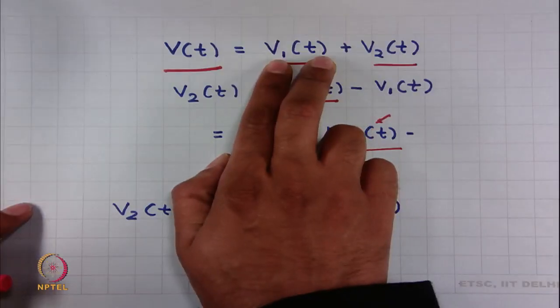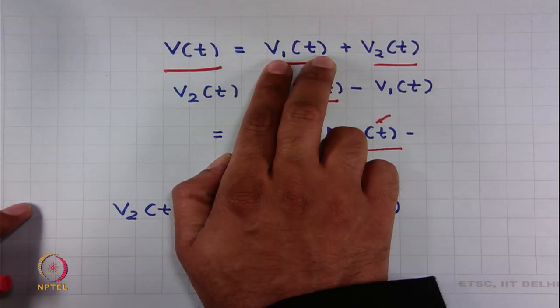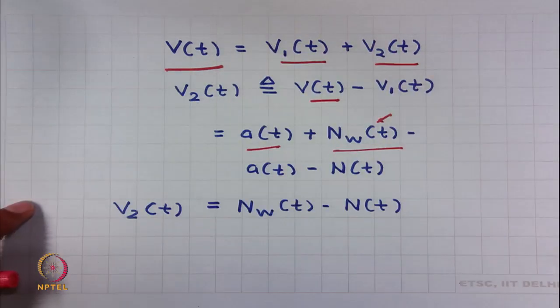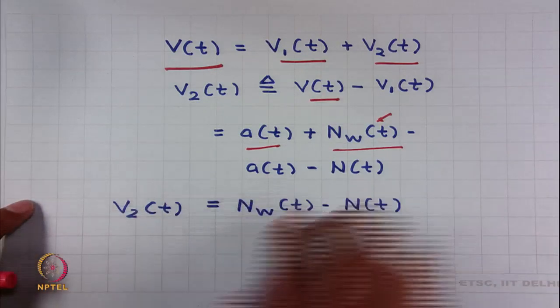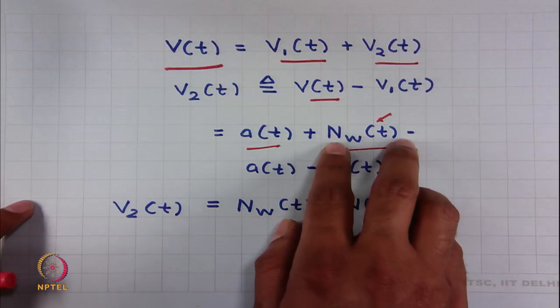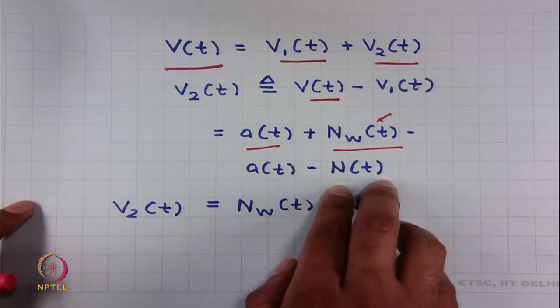And what we are saying is this V1 t is sufficient for the receiver, and this V2 t is actually irrelevant for the detection. We do not care about this V2 t, and thus when this noise is projected only over a finite number of dimensions, we do not lose anything on optimality. That is the argument we are trying to put forward.